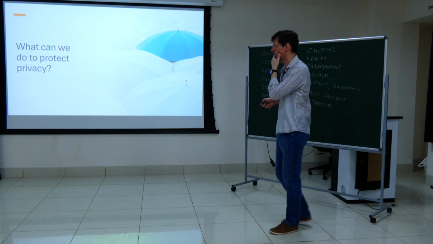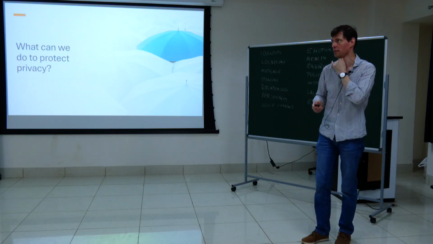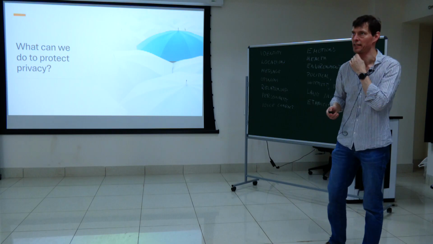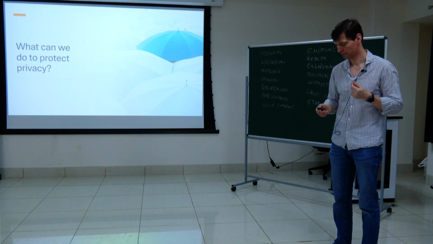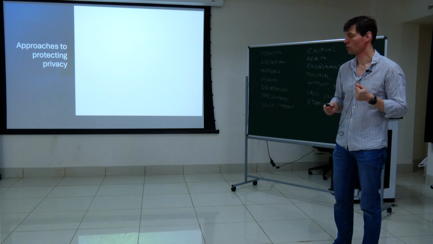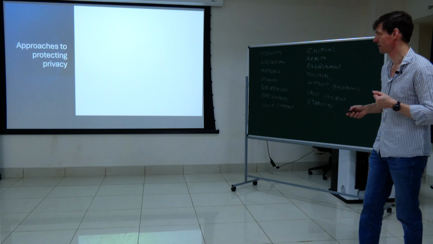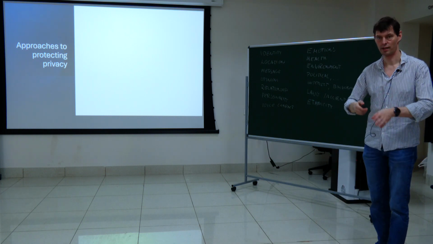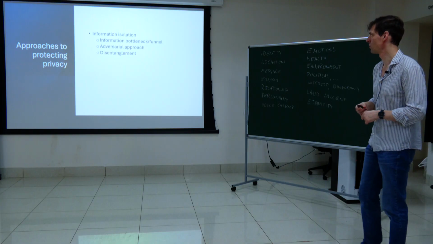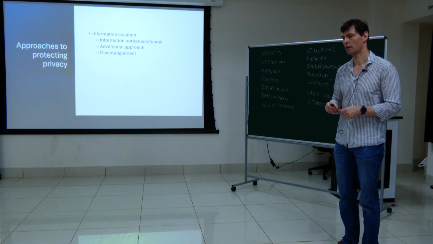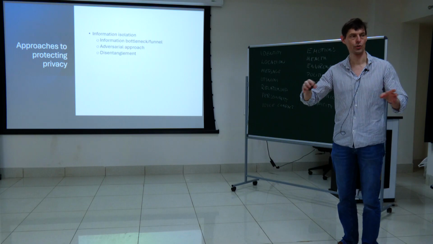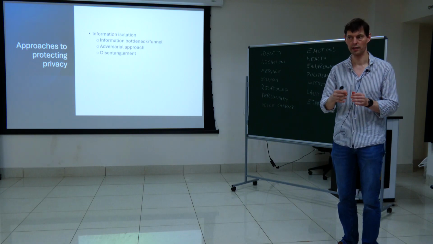Right. So this is still on the technical level, so what can we do to protect privacy? Now first comes a list of approaches, and then I go through them one by one. Information isolation, that's basically trying to reduce the information contained in a signal.